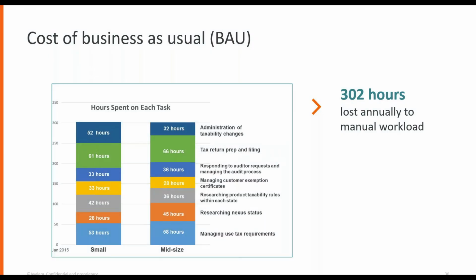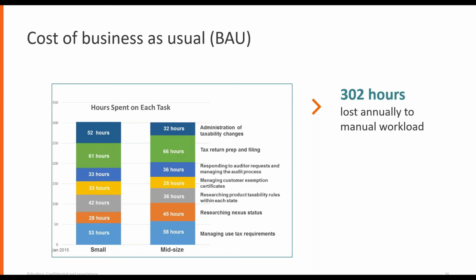Let's take a quick look at a survey that was done about the cost of doing things manually, or keeping things business as usual, if you will. I'm making the assumption that a lot of this is currently being done manually by all of you.